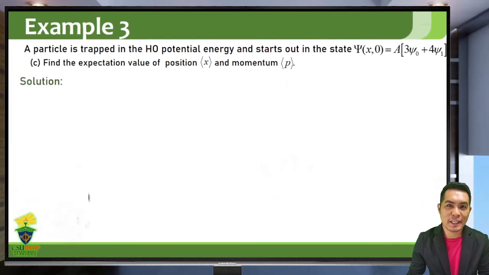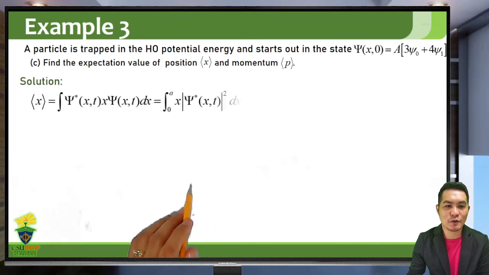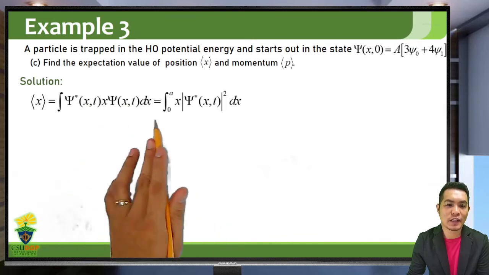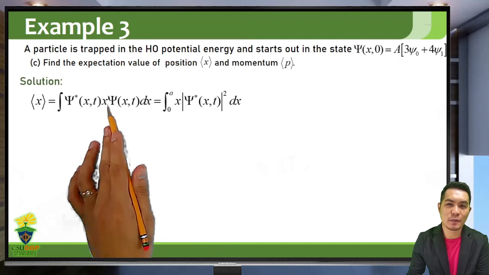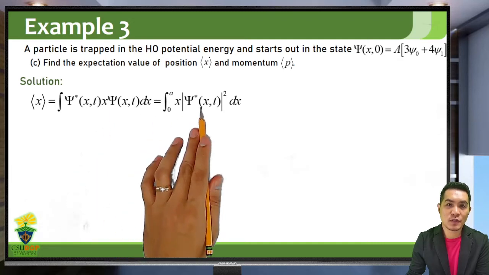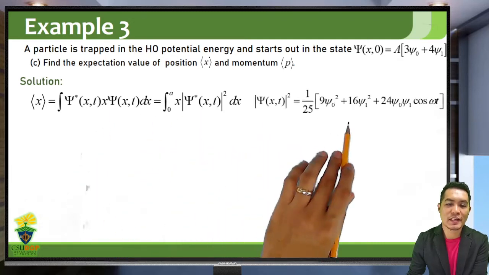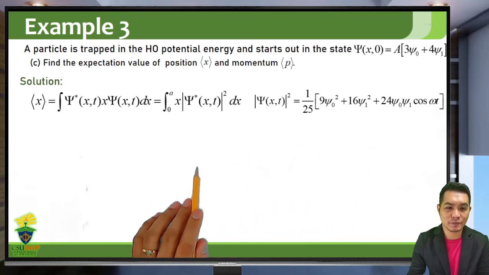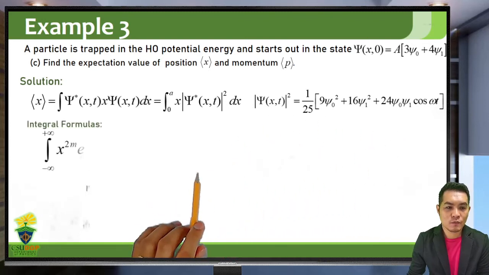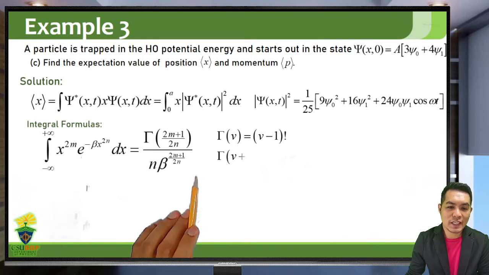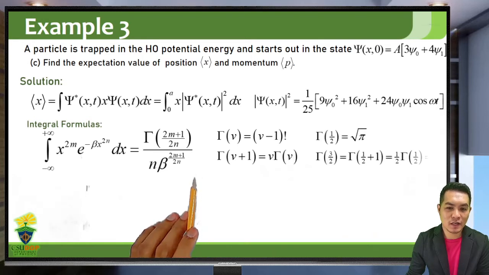So in finding the expectation value of position, you sandwich x, or you can take out x because this is just a multiplication operation, and multiply it to psi squared, the probability density, which we have previously obtained. The integral formulas that you will need here are the Gaussian integral formulas.